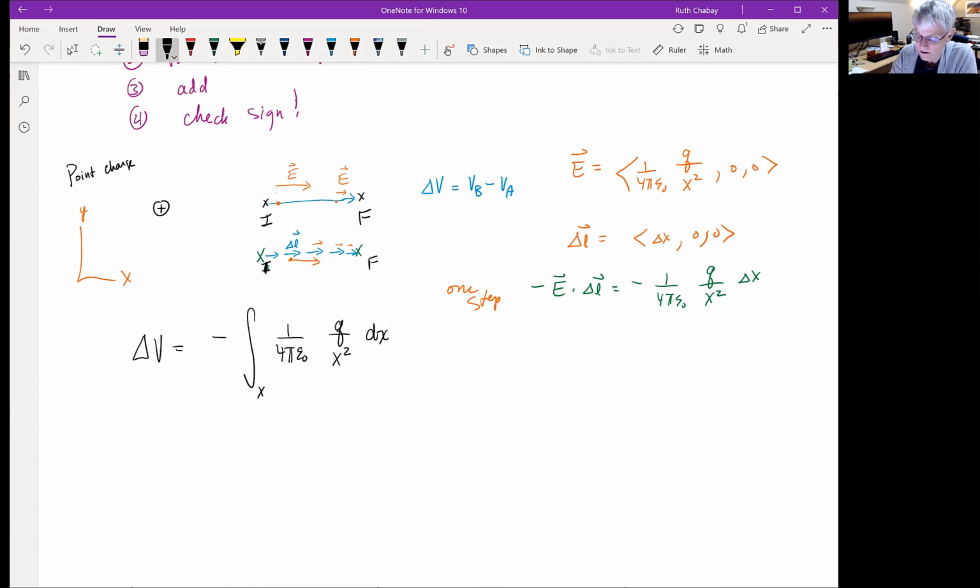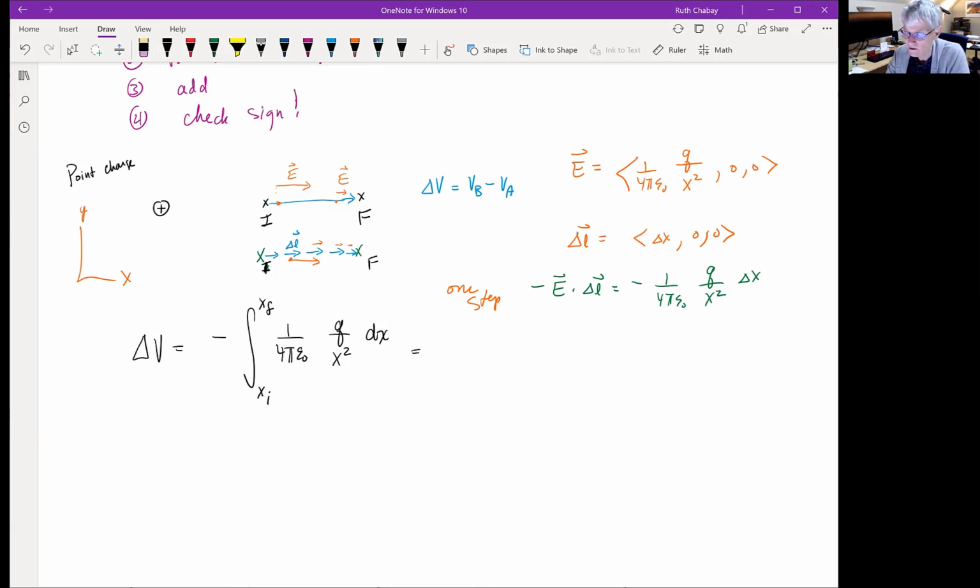So we're going from x initial to x final. And that's an easy integral because 1 over 4 pi epsilon 0 and q are just constants. So we're basically integrating x to the minus 2 dx.